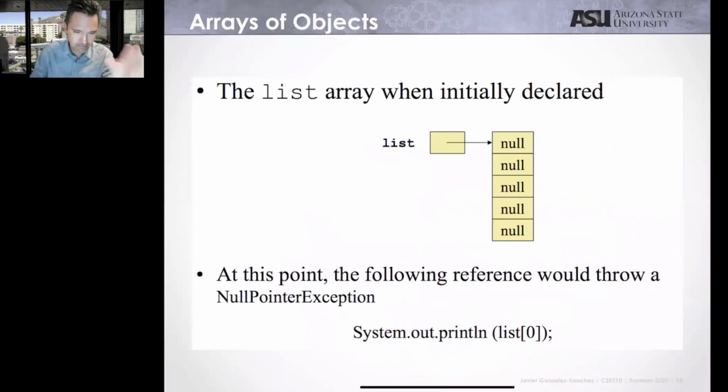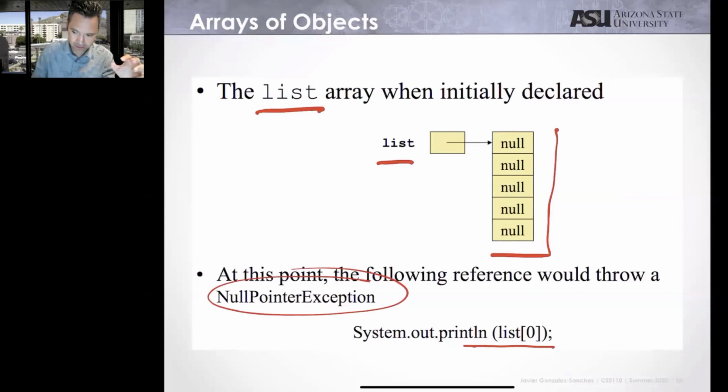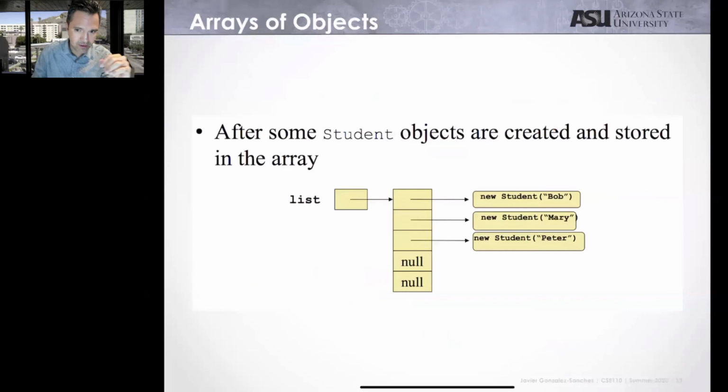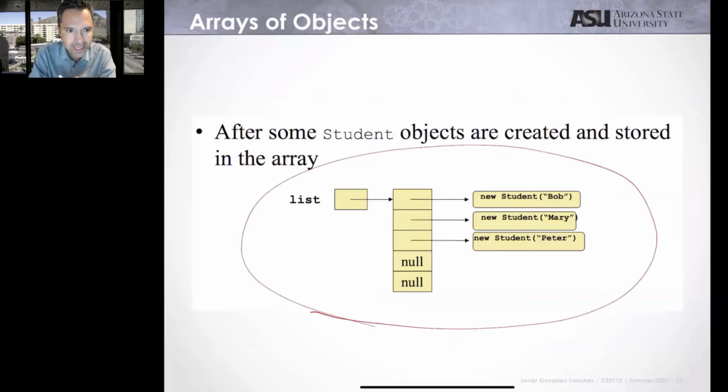And just to check my drawings, the first time, all of them are null. The array is empty. Anything that you try to do, null pointer exception, because all are null. When you do the next new, when you put an object there, this is what you really have in an array of objects.